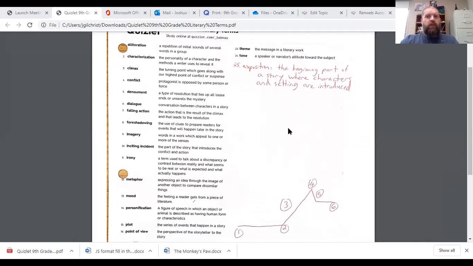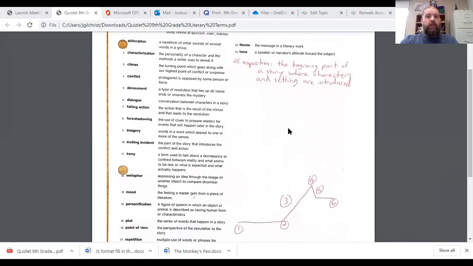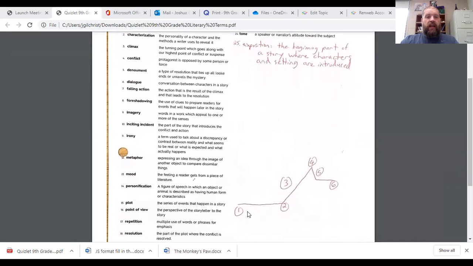And what I had people do for the prime time, just kind of a review of the elements of a story, I had 5th period was actually given a handout. For 6th period, I just had them draw this little pyramid diagram and number it. Every student was given the challenge of seeing if they could name the 6 parts of a story diagram.